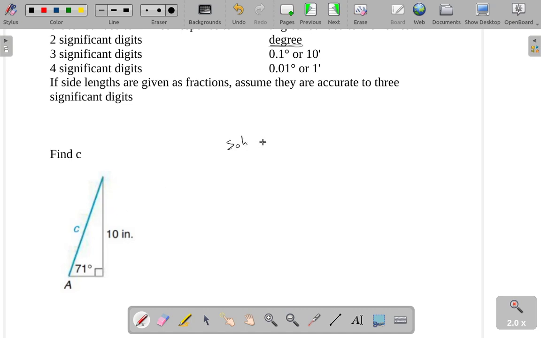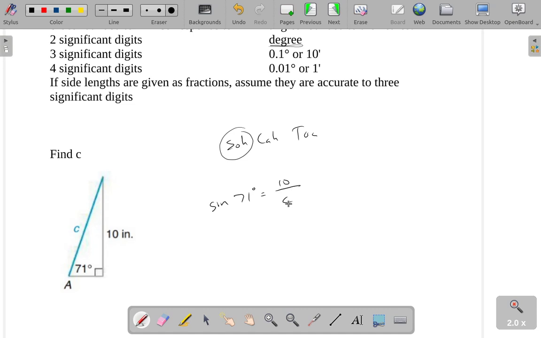So if I look at SOHCAHTOA, if I look for one of these that involves an opposite and a hypotenuse, you can see I'm talking about the sine. So that means the sine of 71 degrees must be equal to the opposite side, which is 10, divided by c. Okay, well, solving this equation, I'd like to get rid of the 10, but that c is actually in the denominator, and that's another issue.